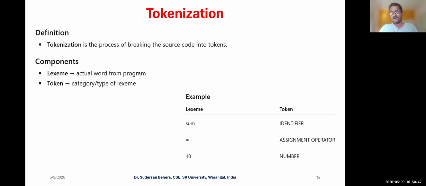Very simple. And in this tokenization, what are the components used here? One is the lexeme. Lexeme means a sequence of characters. S, U, M together. You cannot take S separately within a word. You cannot divide the characters of a word. Rather, it is a set of characters.